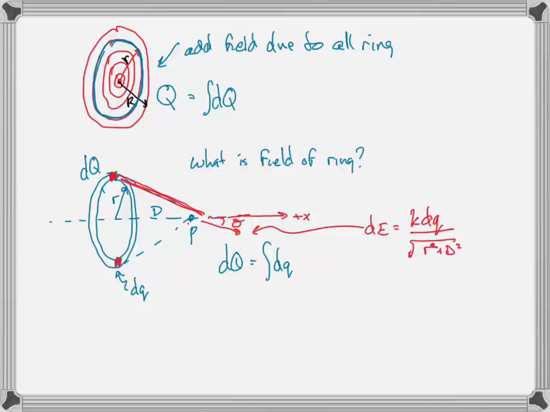We've done this before. Then you find the field due to this other one, which points in that direction, which has the same magnitude, but points at an angle theta above the plus x-axis.